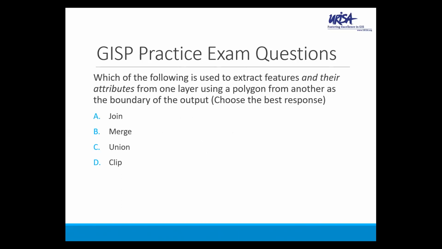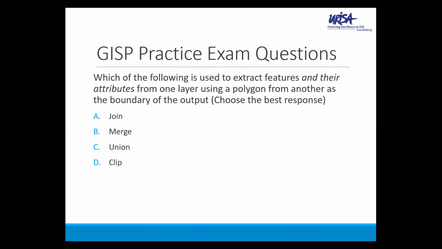Which of the following is used to extract features and their attributes from one layer, using a polygon from another as the boundary of the output? And I emphasize the "and their attributes" because I think those are the operative words in this particular question. Choose the best option. We want to extract the features and their attributes from one layer using a polygon from another layer.